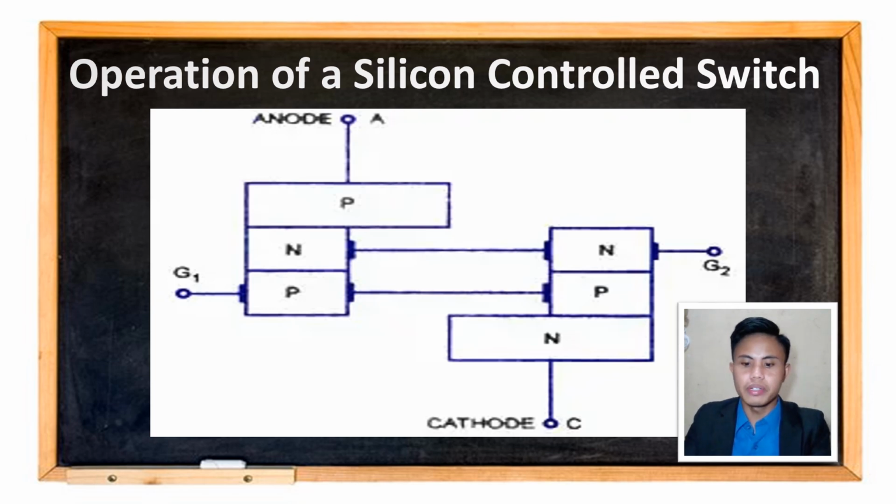Next is operation of silicon controlled switch. The easiest way to understand how it operates is to realize it to be formed of two transistors Q1 and Q2 placed back to back as shown in this figure.